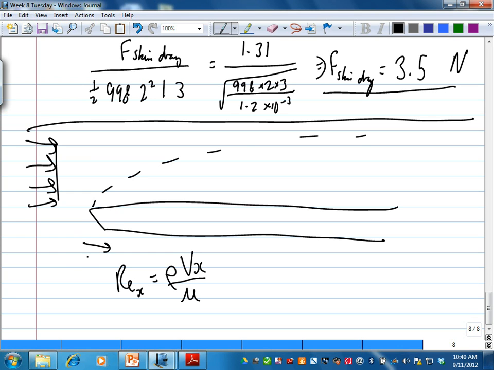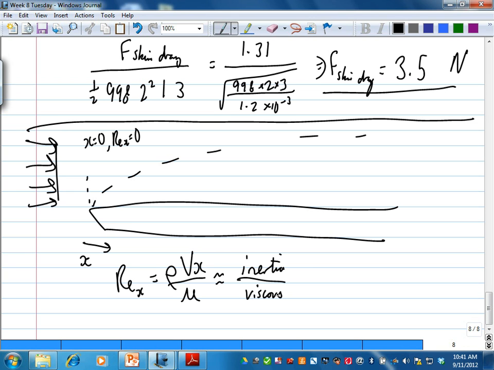This is x. Here x is 0, so you expect your Re_x to equal 0. The Reynolds number is a ratio of inertia over viscous.